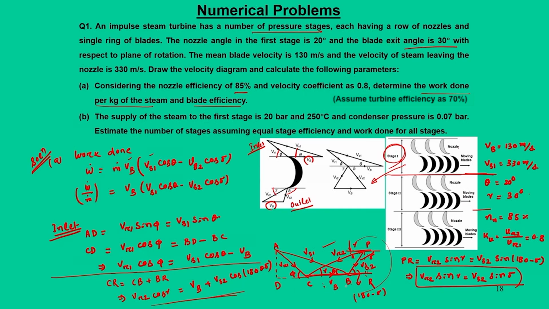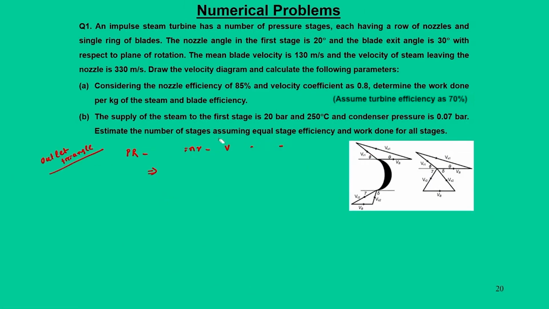Because cos 180 minus delta is minus cos delta, it means Vr2 cos gamma is equal to Vb minus Vs2 cos delta.